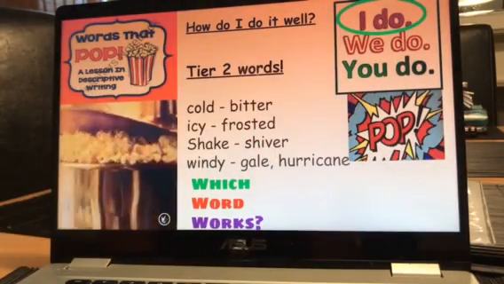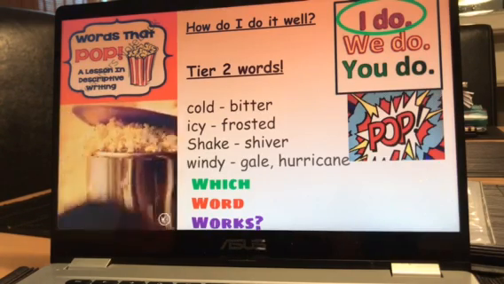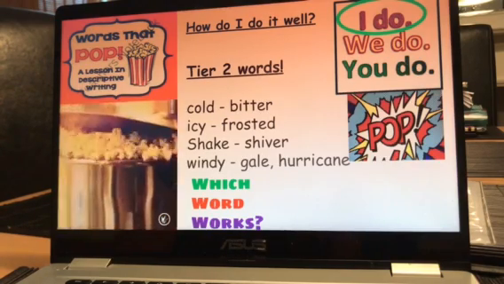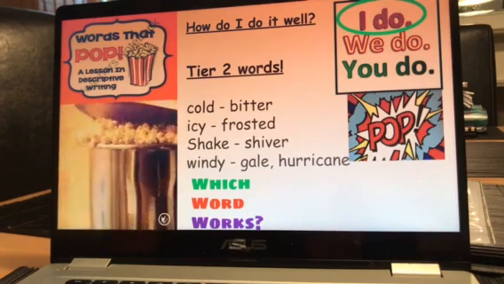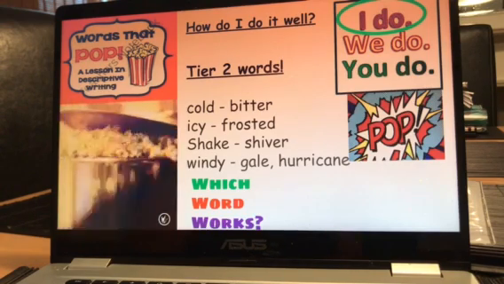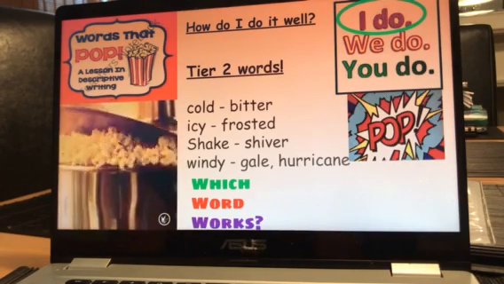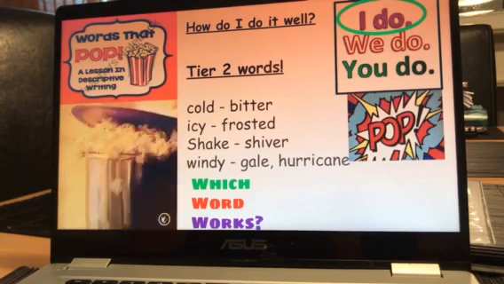A better word than cold would be bitter. A better word than icy would be frosted. Instead of he was shaking in the cold, a better word might be he shivered in the cold. And instead of saying it was really windy, you might want to say there was a gale or a hurricane.